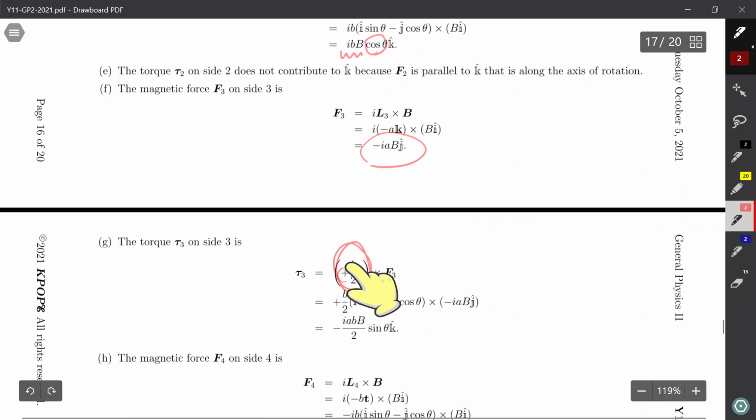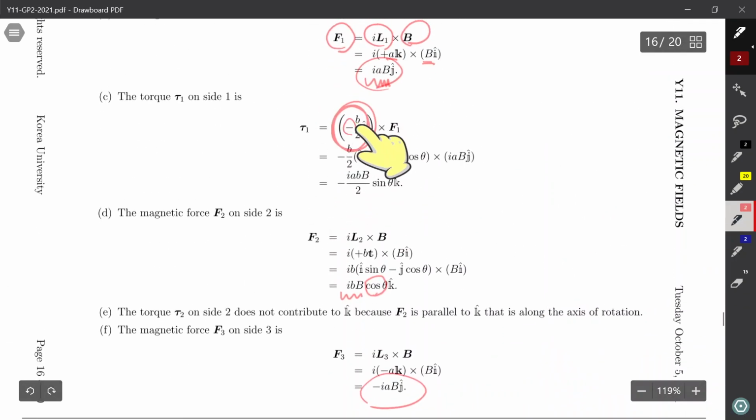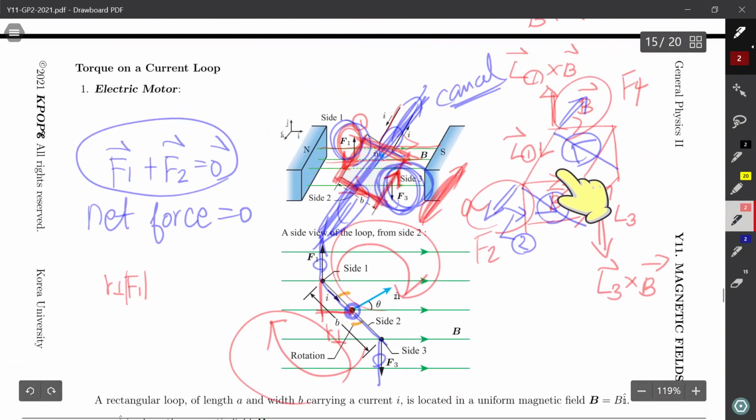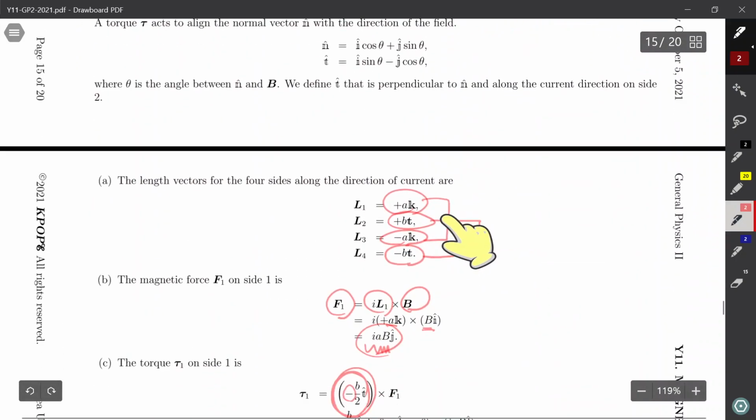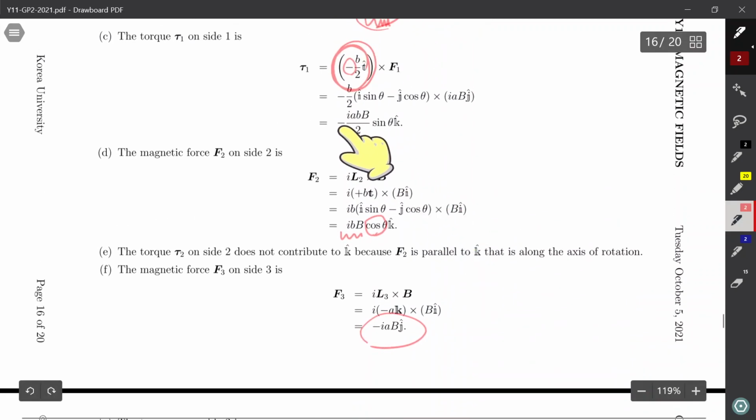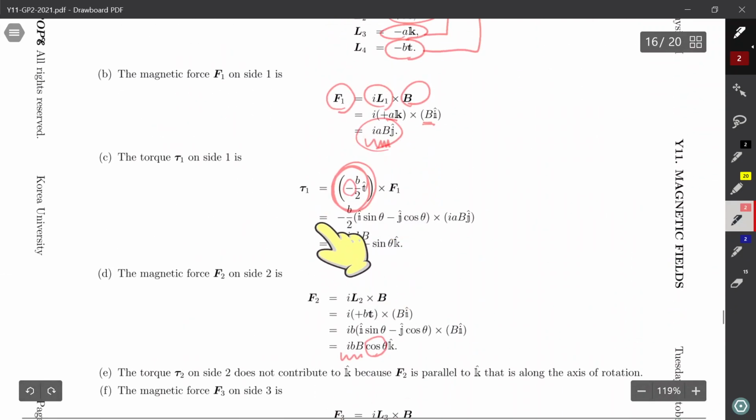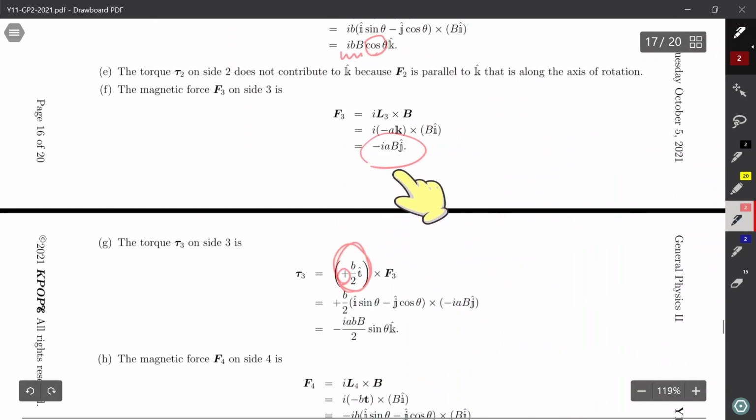For example, the sign is different. This is half of the b vector, and this is a minus half of the b vector. So this direction is minus, and this is a plus. The force on 1 is I a B, and on 3 it is I a B, the same but with a negative sign.